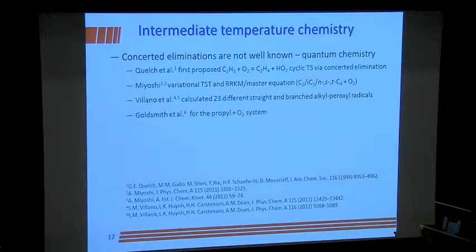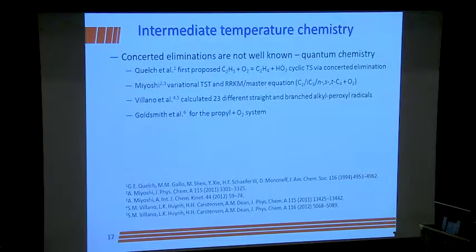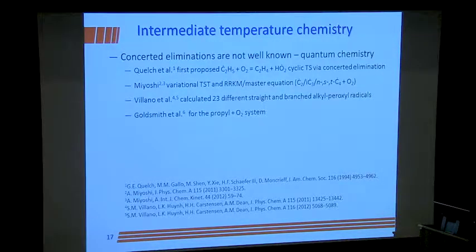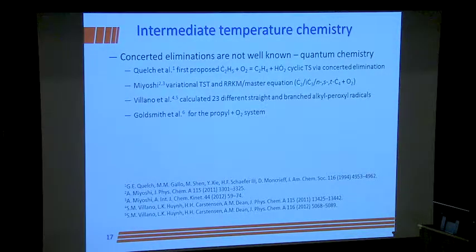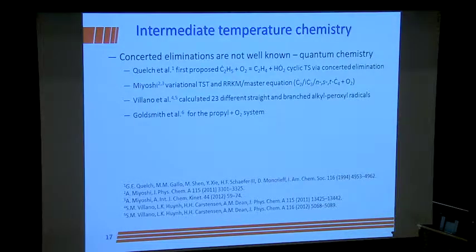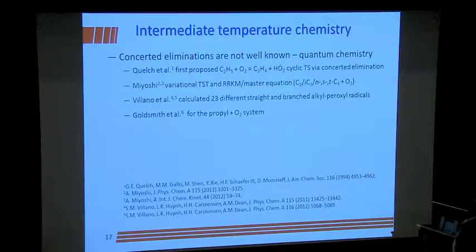All right? And then Miyoshi used variational transition state theory to look at a few different species plus O2 and published on that in 2011 and 2012. Okay? And around the same time, Tony Dean and Stephanie Villano, working largely with Heinrich Carstensen at Colorado School of Mines, published calculations on 23 different straight and branched alkyl peroxy radicals and came up with rate constants.